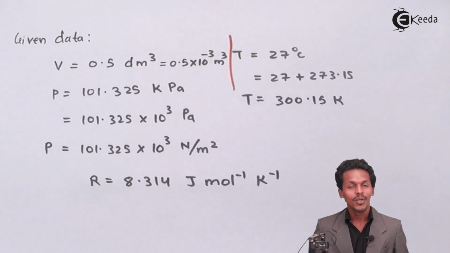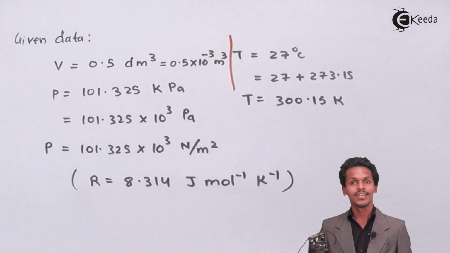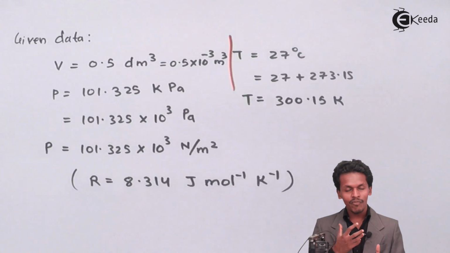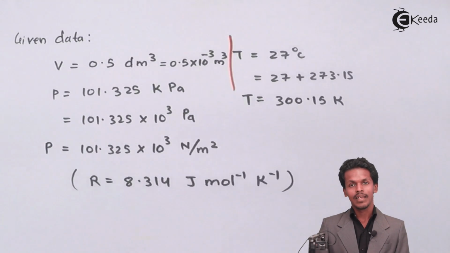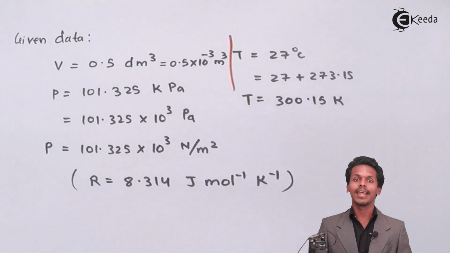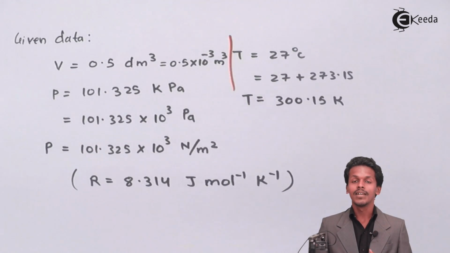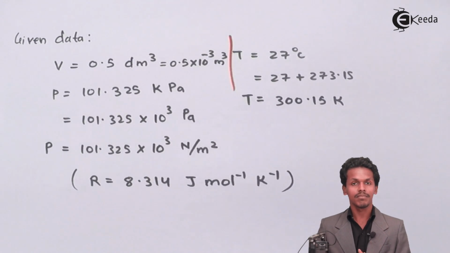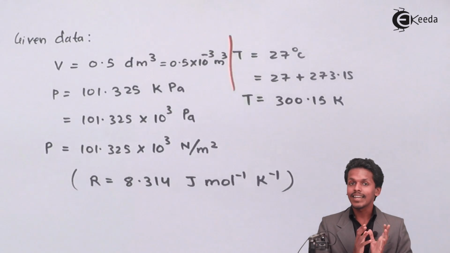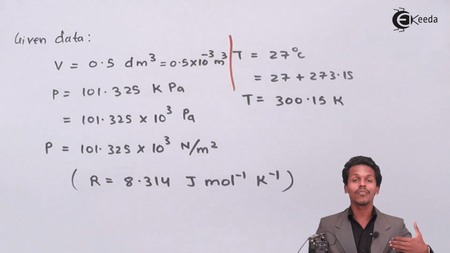If we had substituted a different value, like 8.314 into 10 raised to 7, or 0.082 liter atmosphere per Kelvin per mole, it would have been a different scenario, because those are for different conditions. That's the reason the value of R is different for different parameters that we take.